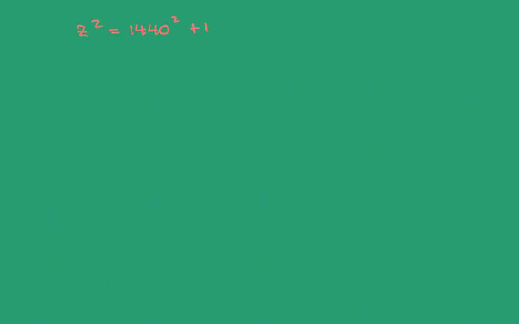Okay, substituting into our equation. So we get a value of z equals 480 square root 37.